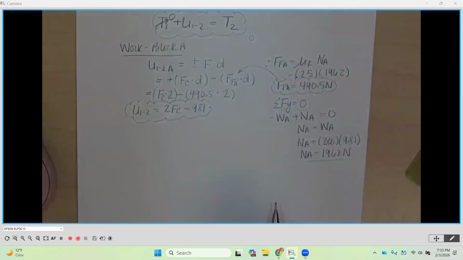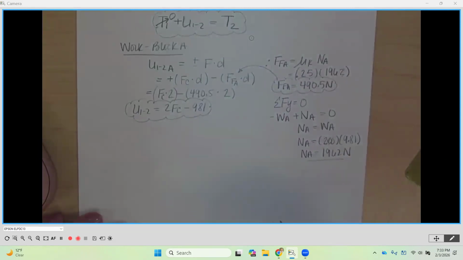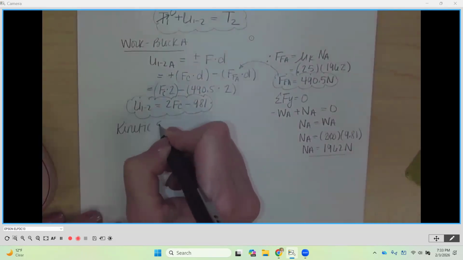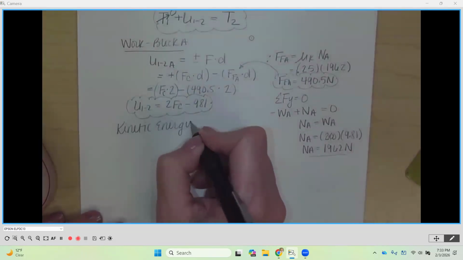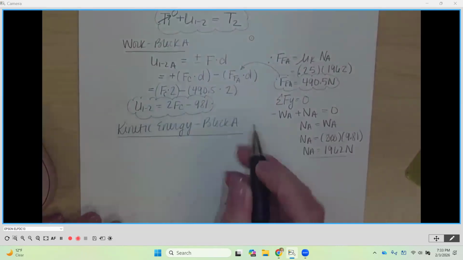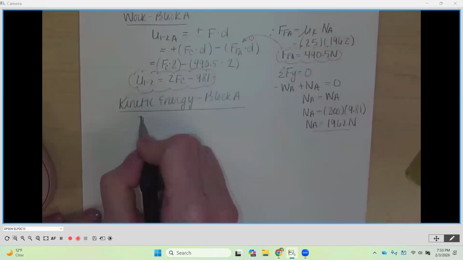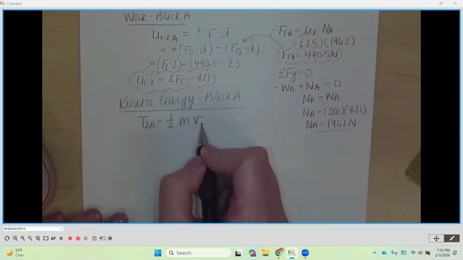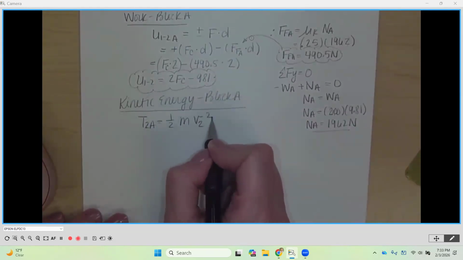So then the kinetic energy at position 2 is going to be our next. So the kinetic energy of block A. T2A is equal to 1/2 mv2 squared.